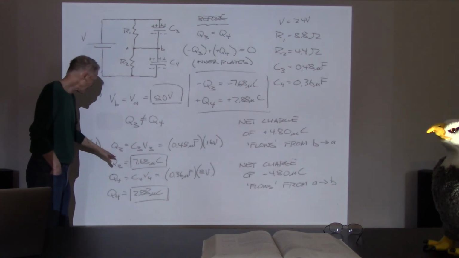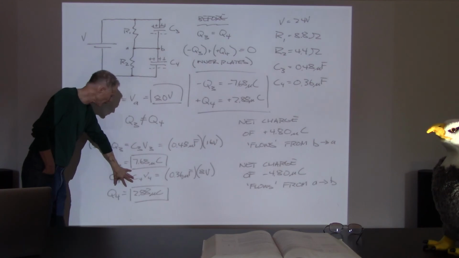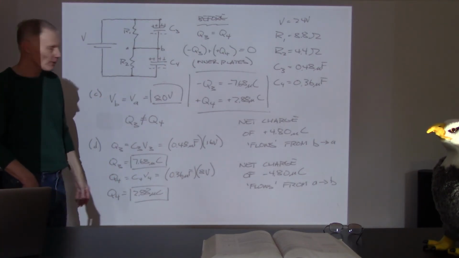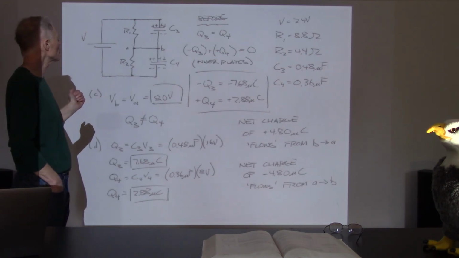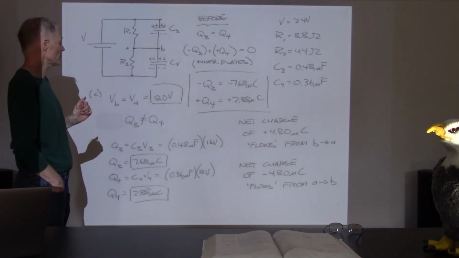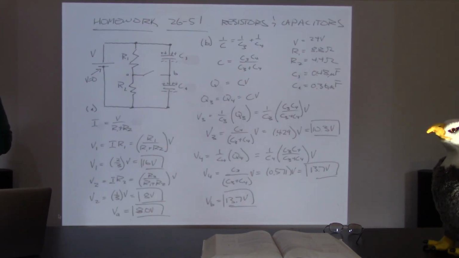So we can go through and calculate with these new voltages how the charges on the capacitors are going to change. And what was the Q from before? Do I have to go back to the previous page?